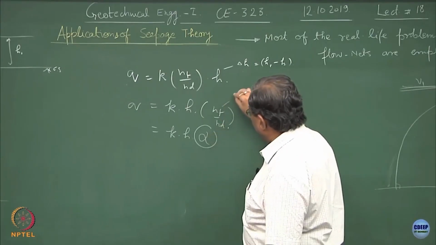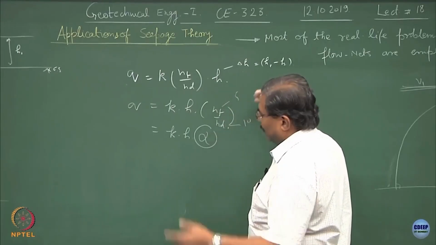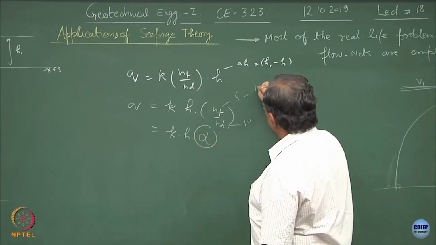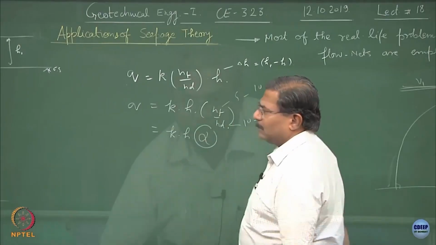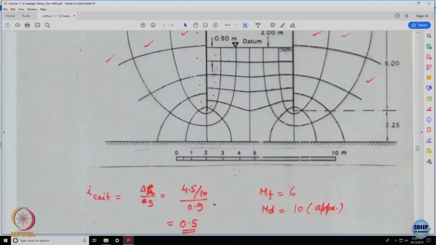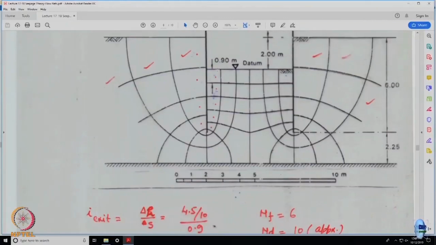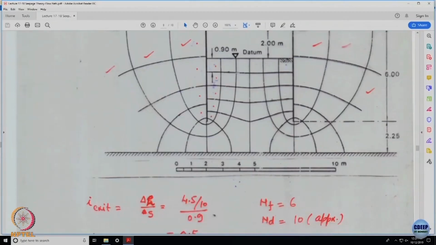So, if it is 5, say it is 10, the more precision I go for, this becomes 10, this becomes 20. Now, suppose I give you an element over here, which is very close to the exit, and we want to design the protection systems. What is the value of delta H across this element?